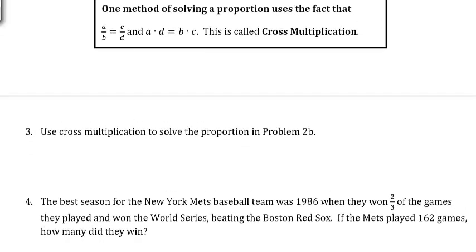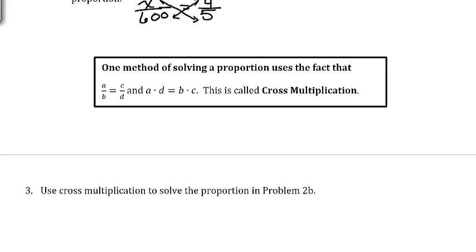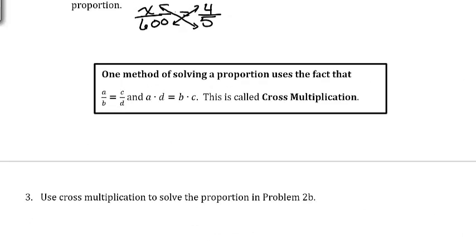Now we're going to use cross multiplication to solve the proportion that we got from up above. We're going to take x times 5, so that would be 5x, and it's equal to 4 times 600. That gives us 5x equals 2400.